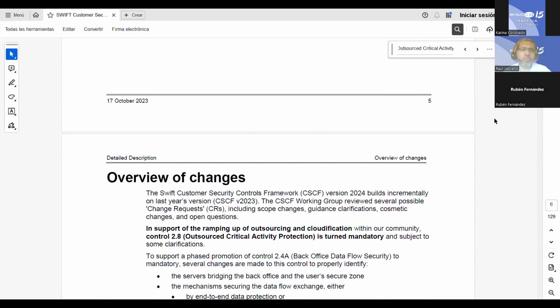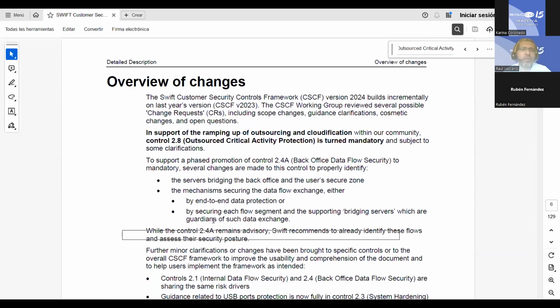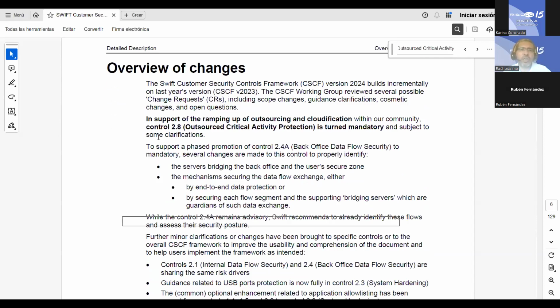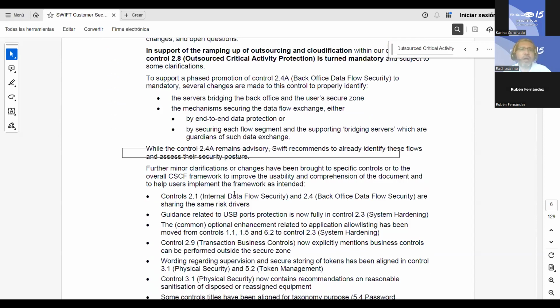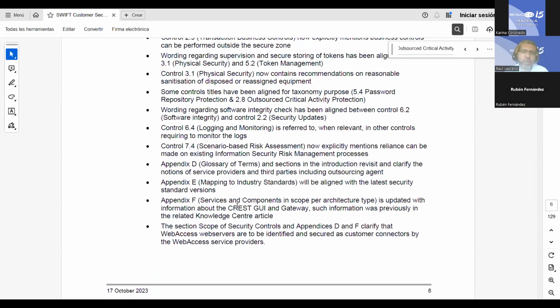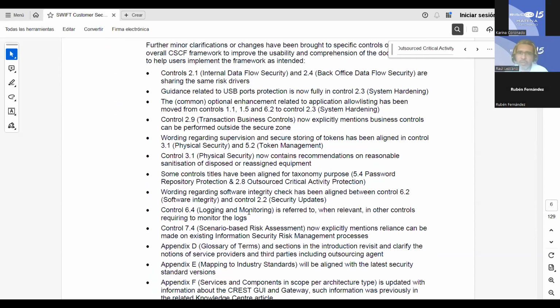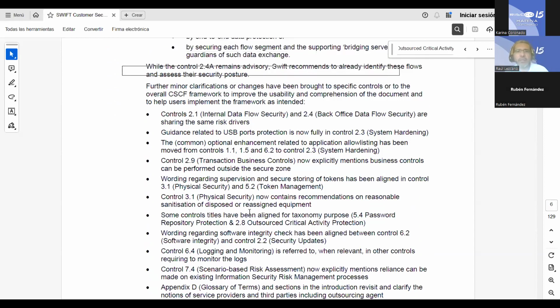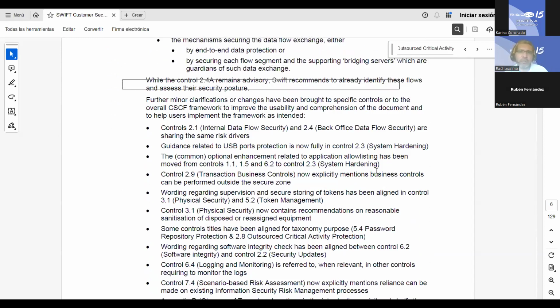So, overview of changes, as you can see here, the only change for this year is this one, announcing the change for 2.4, and then a list of minor clarifications, which I didn't consider bringing to discuss in this session, because they are not highly important for our reflection.